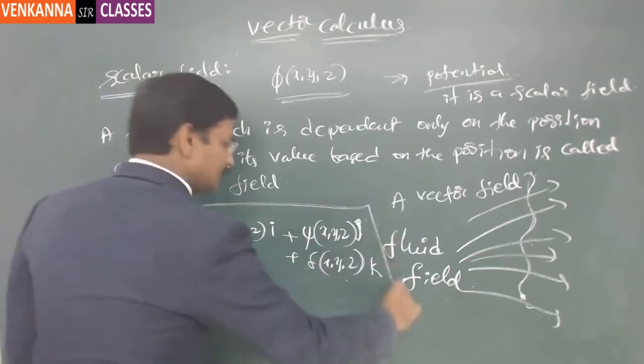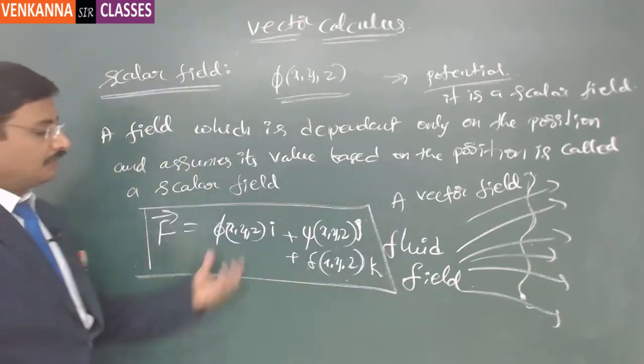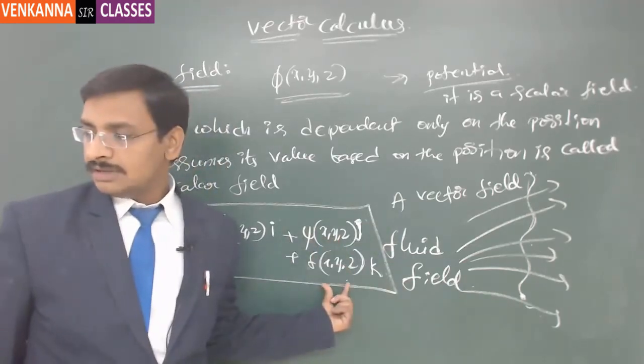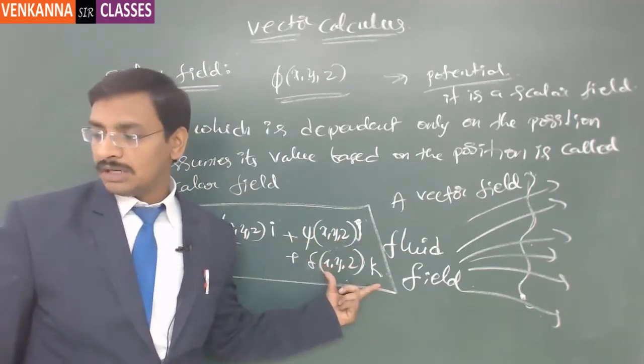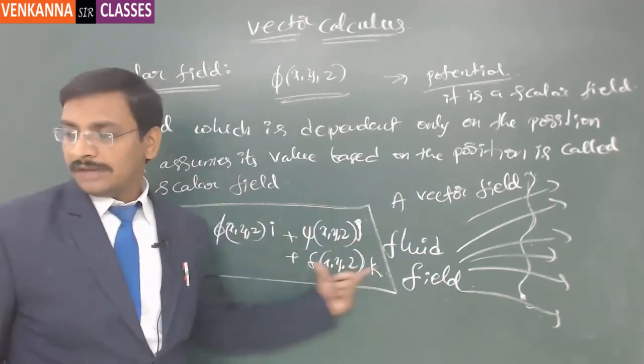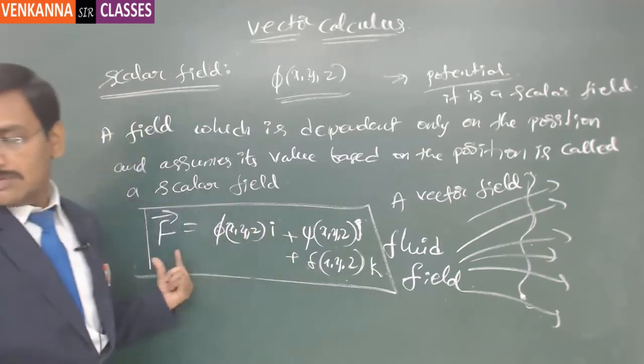If you notice, this is a vector field. Here there are three different scalars and each is associated with one direction. This entire field together we call a vector field.